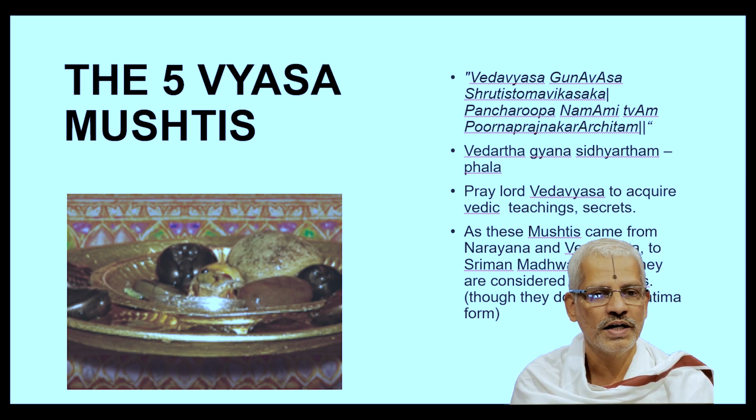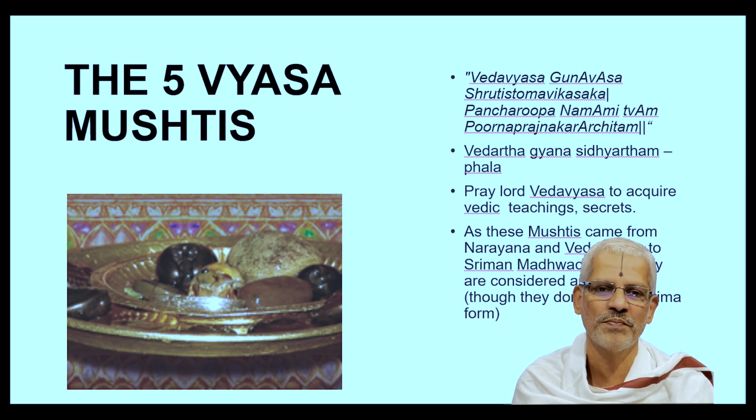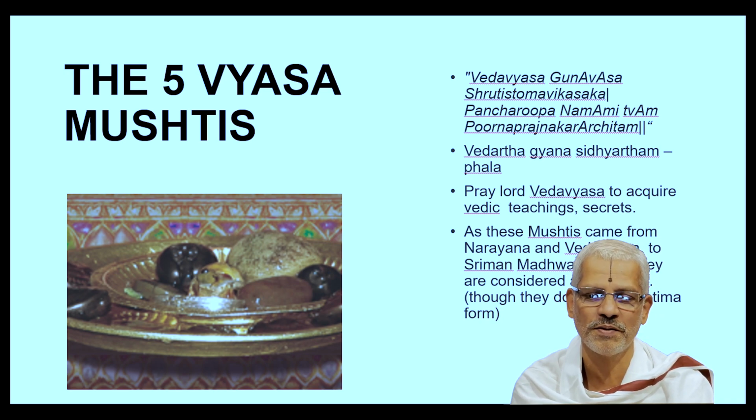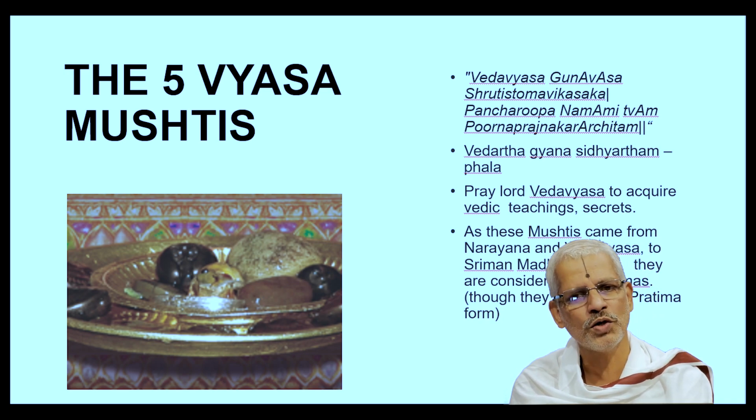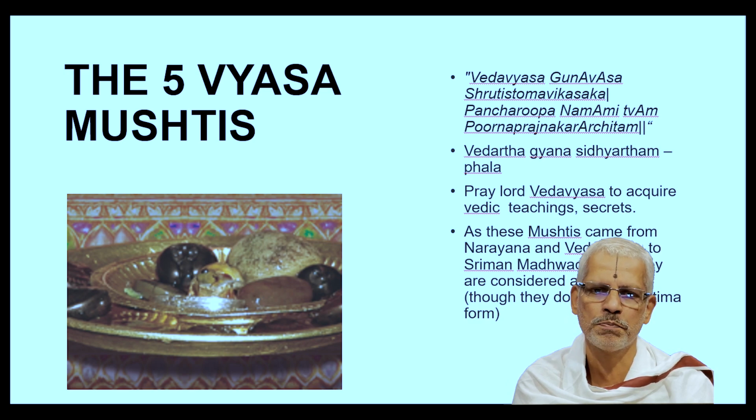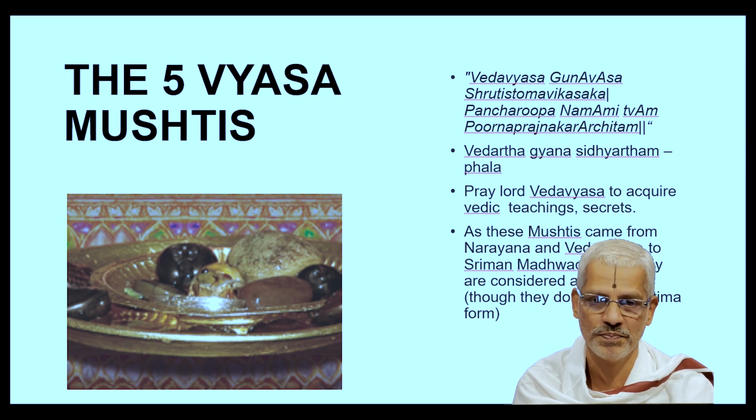You can see during the Samsthana Puja, our Swamiji, after the Abhisheka, enables all of us to have the darshana of these 5 Vyasamurtis. Lord Vedavyasa was responsible for dividing and giving us the Vedas in the right form.